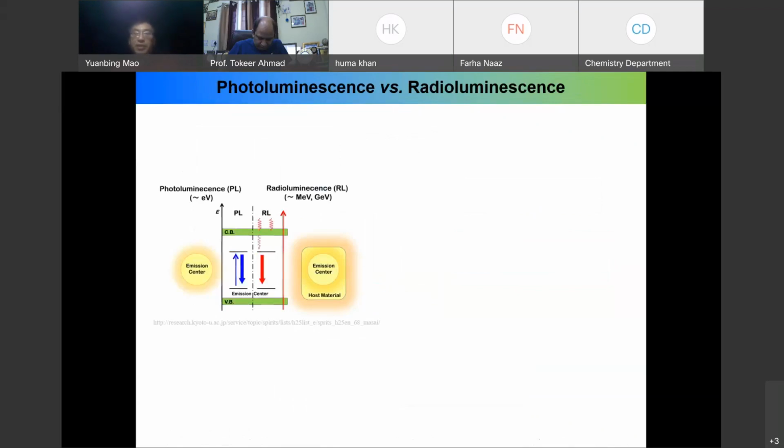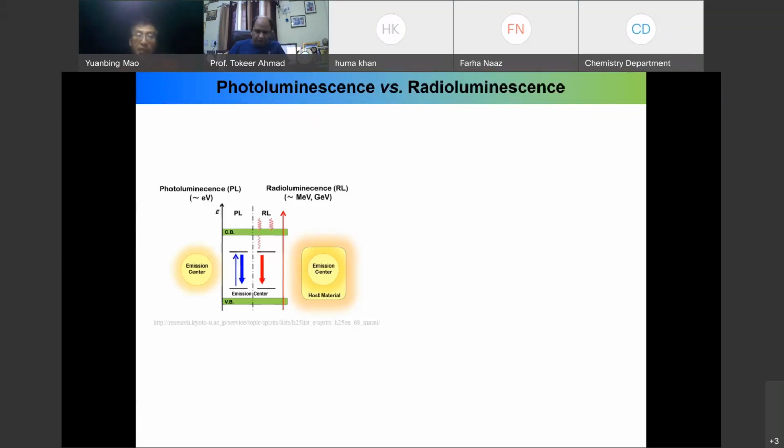The other thing I want to mention is, what's the difference between photoluminescence and radioluminescence? As I just discussed so far, when we talk about photoluminescence, normally the excitation source is a UV light source or visible light source, either a xenon lamp or laser sources. But for radioluminescence, the excitation energy is much higher. It can be from X-ray, it can be from gamma ray, those types of sources.